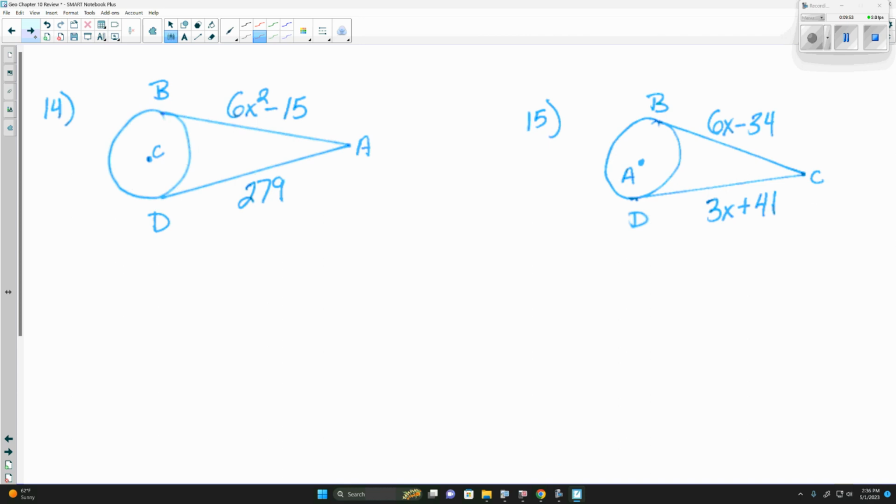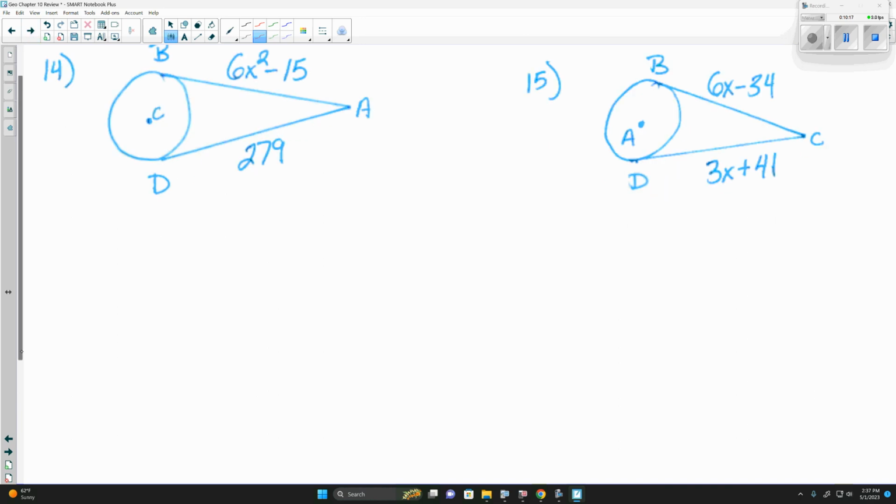Questions on 14 or 15? If we take the square root of both sides, then we have the plus or minus. So anytime we get a square root, we always have the plus or minus. For the most part, yes.